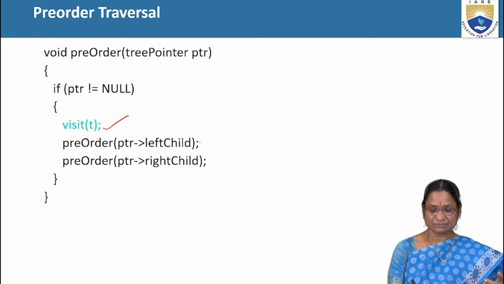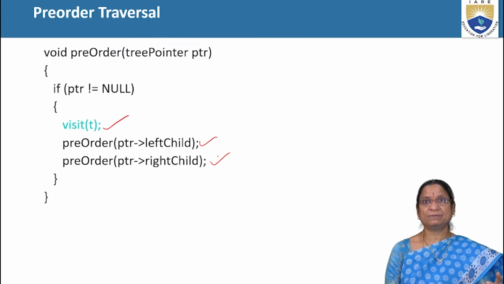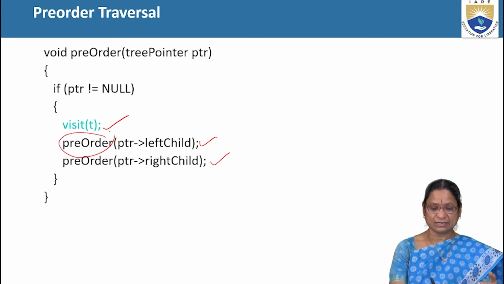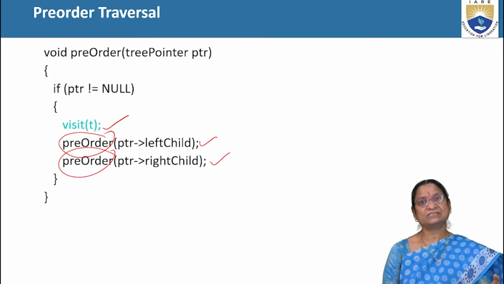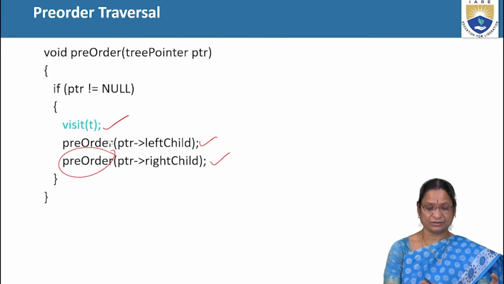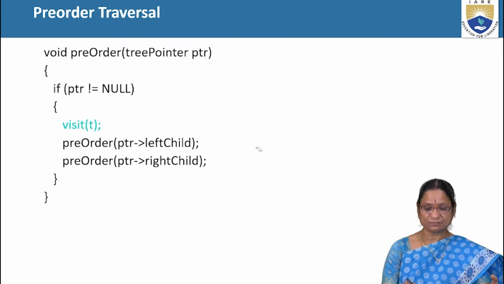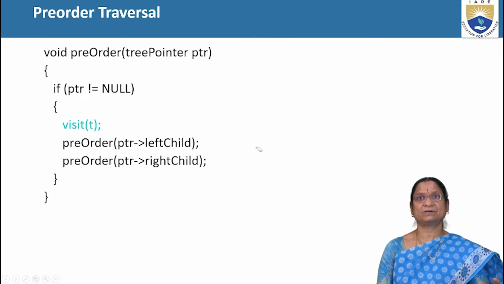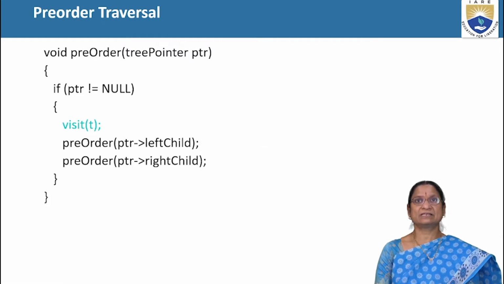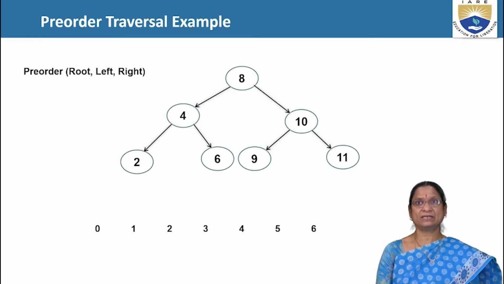Then the left subtree must be traversed, then the right subtree must be traversed. Again in preorder, that's why we are using the recursive process of left subtree and right subtree, so that the traversal can be in preorder. How it works, we'll take an example here.